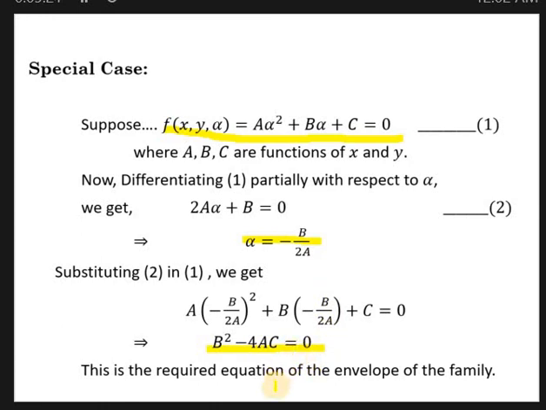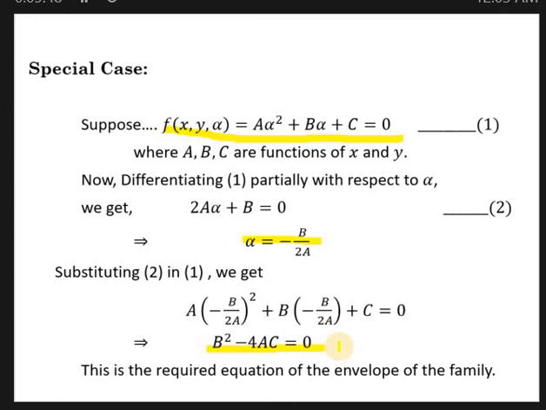So this is the required envelope of the family. See, because we have taken alpha as a parameter, after differentiating we get alpha is equal to minus b by 2a, and by substituting this in equation 1, we get b square minus 4ac is equal to 0. This is the required envelope of the family.